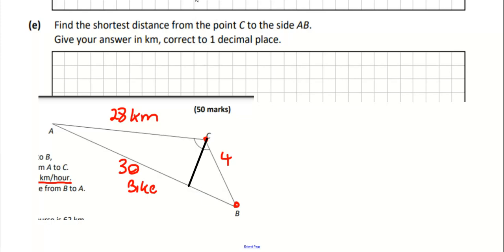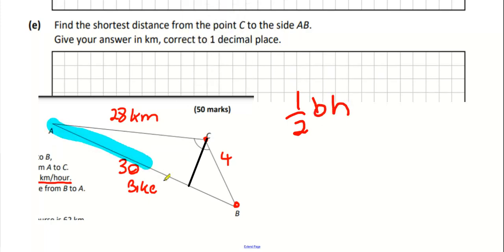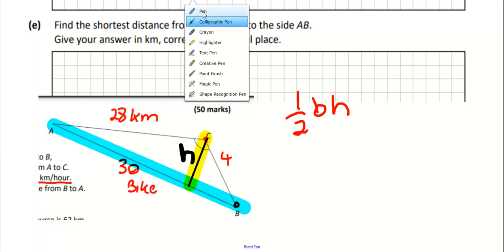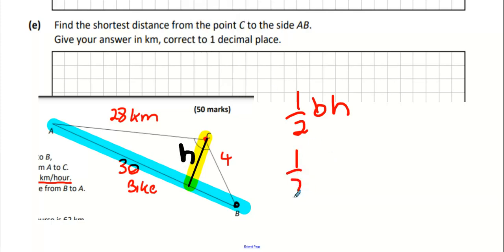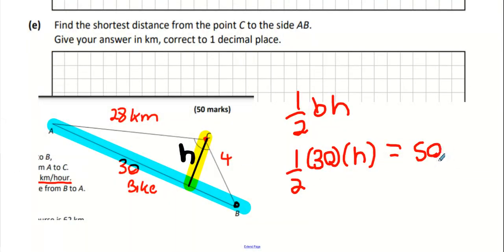Now, if you were to use the traditional half base times height, you're talking about a half times 30, which is this blue line here, times h, which will be the yellow line. So essentially a half times 30 times h is the same area that we got in the last question, 50.1, because it's the same triangle at the end of the day.